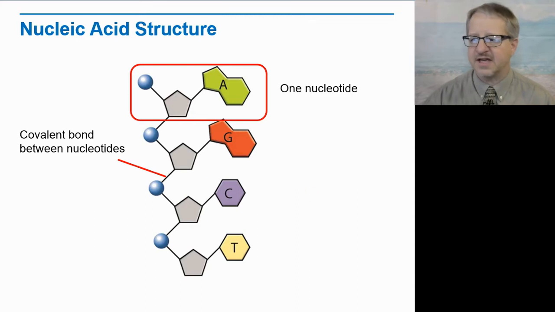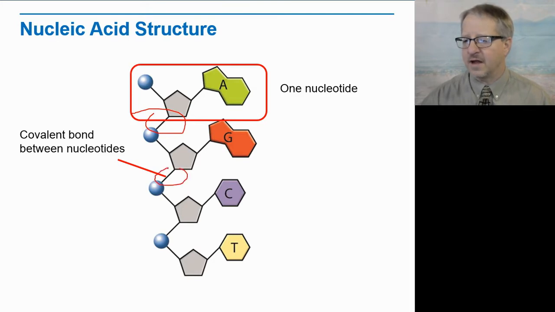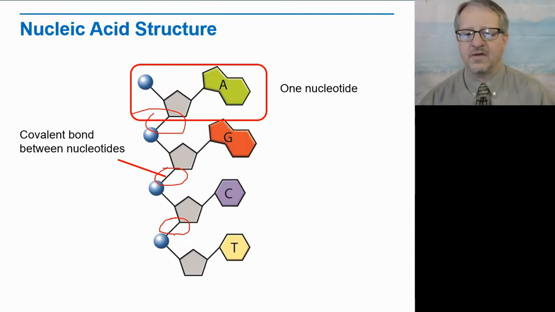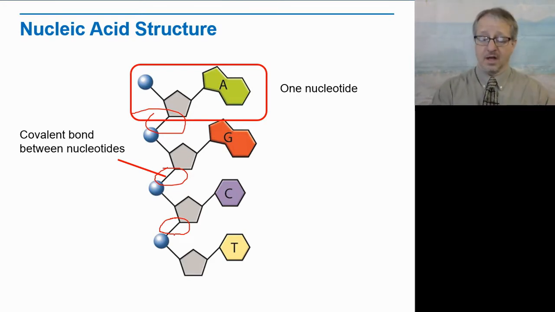You see the arrow pointing here, and if you look at each of the nucleotides, you've got one right here, another covalent bond here, another covalent bond here. There's not another nitrogenous base below the thymine, so you don't see another bond down here. Those bonds only occur when the nucleotides are close enough to each other.